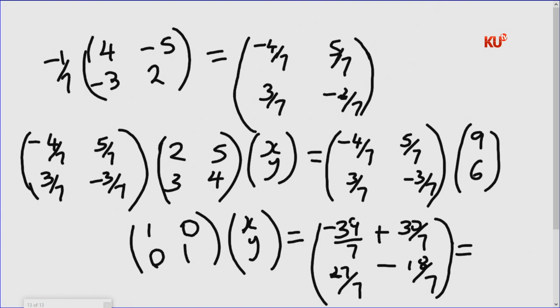And so our value of this side will be negative 6 over 7. So let's write it here.